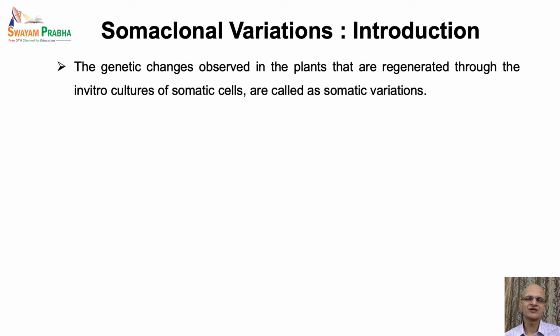The genetic changes or variations that are observed in plants regenerated through in vitro cultures of somatic cells are called somaclonal variations. Though these variations have been observed in in vitro cultures for a long time, they were usually ignored, thinking they were abnormalities and not useful.